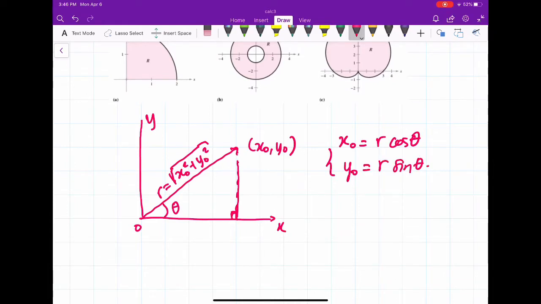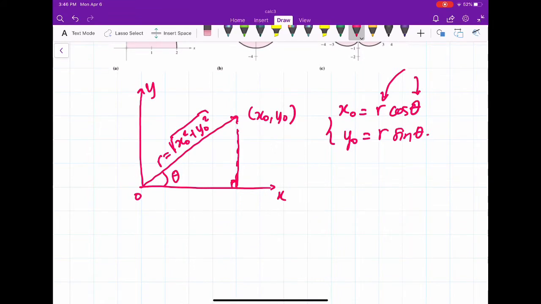These are formulas that help us go from rectangular coordinates x and y to the coordinates r and theta. Basically, you can determine this point if you know the two coordinates x0 and y0, or you may determine this point if you know the distance from that point to the origin and the angle between that vector and the x-axis.